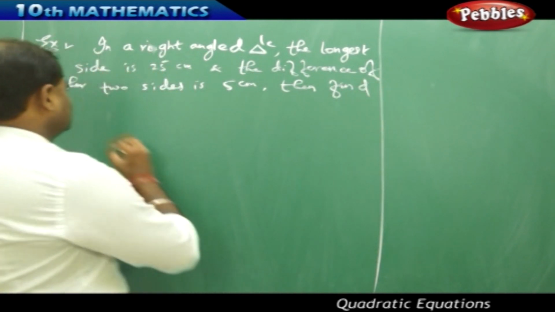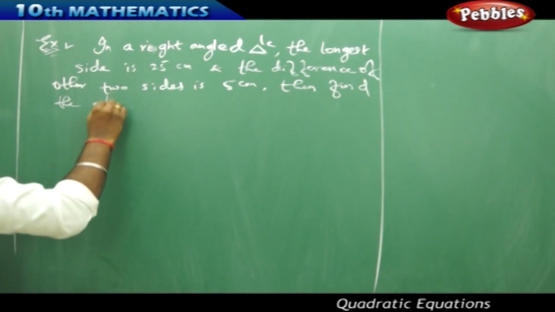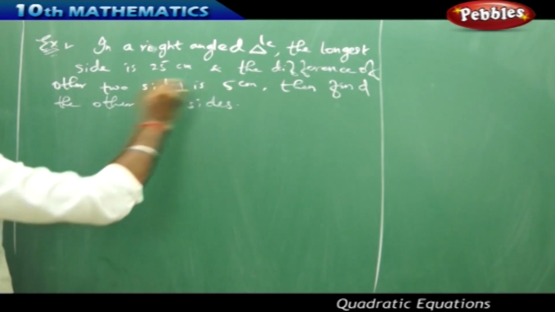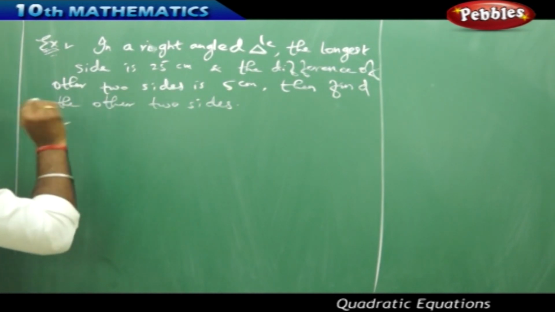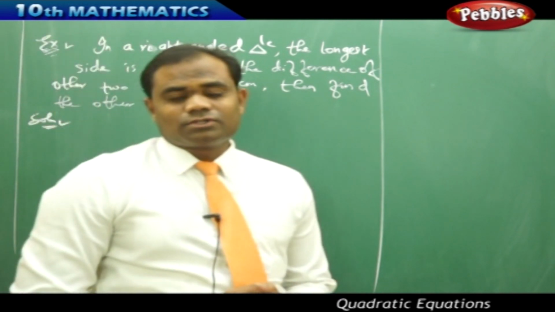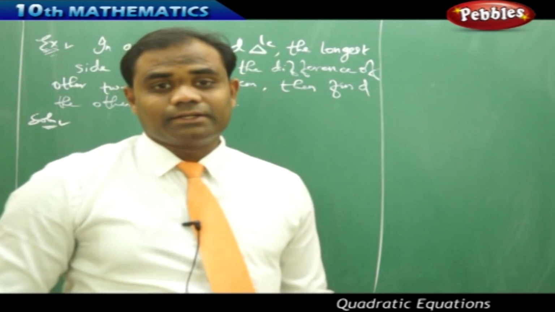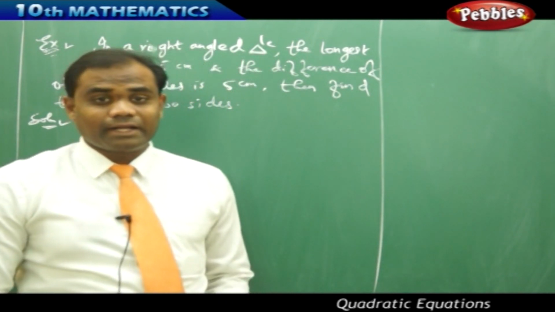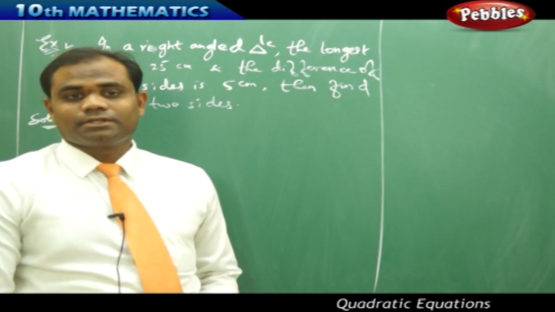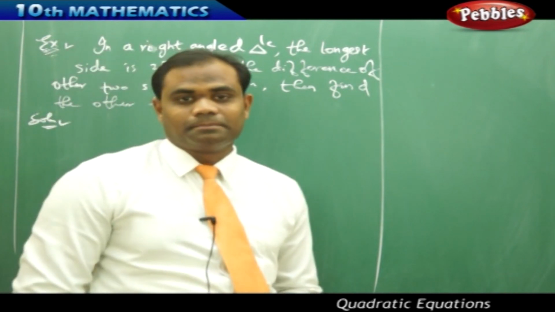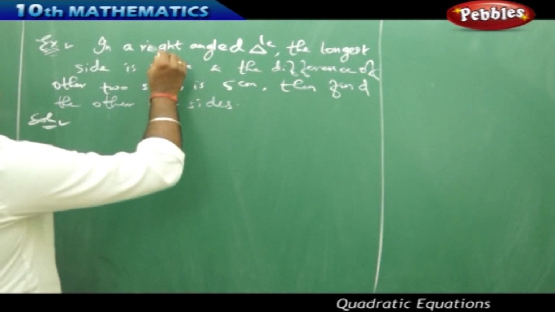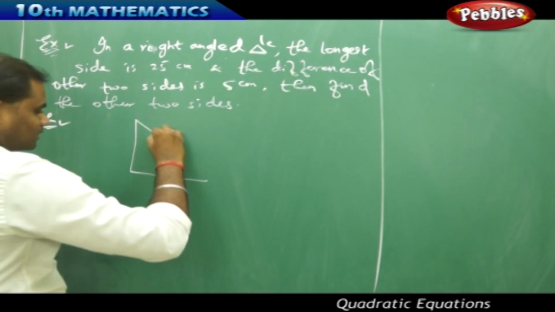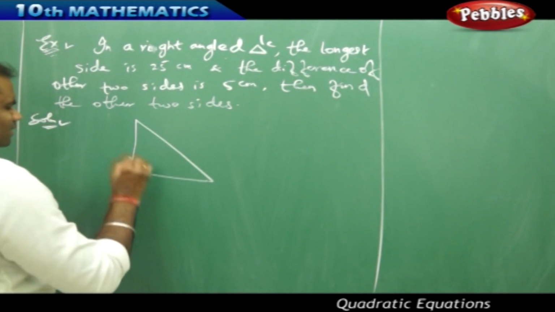Then find the other two sides is the question out here. So this question is related to a right angled triangle. So let's draw a right angled triangle and see how quadratic equations can be utilized for this situational problem. So as the triangle here is right angled, so I take one of the angles as 90 and then draw a right angled triangle.